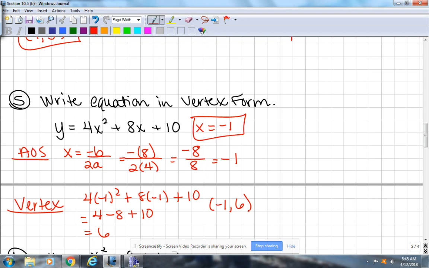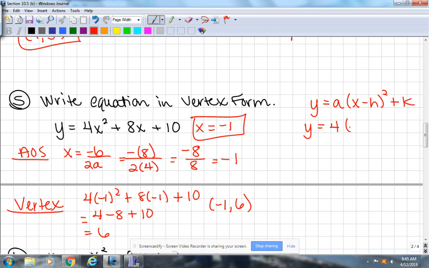So now we're ready to put that in vertex form. What does vertex form look like? Y equals what? With all the variables? Plus k. So I'm going to say y equals, what's my a? Same as it is in standard, it's 4. Parentheses, how do I get my h term?